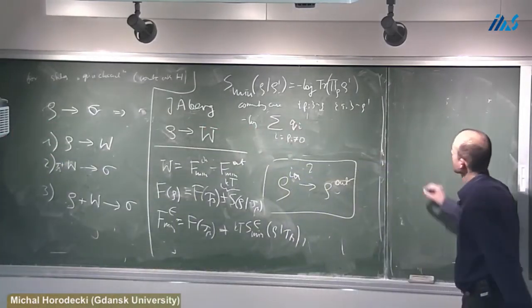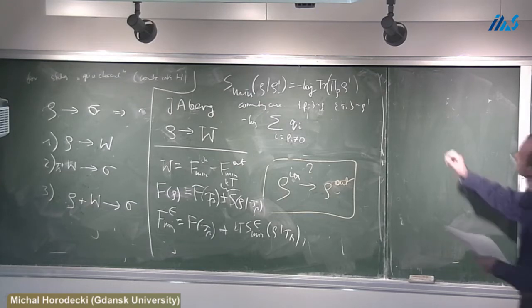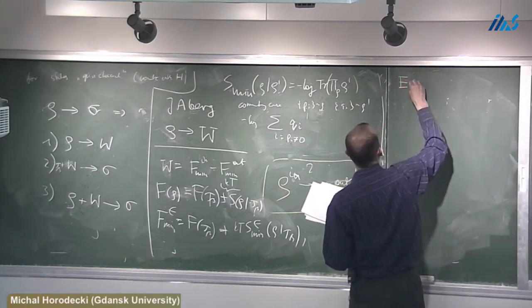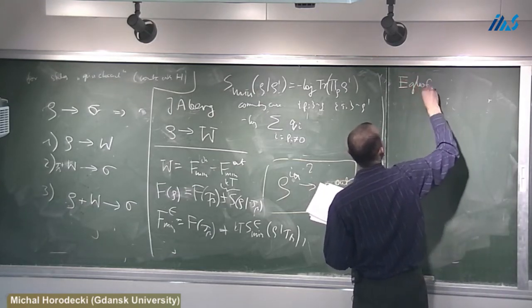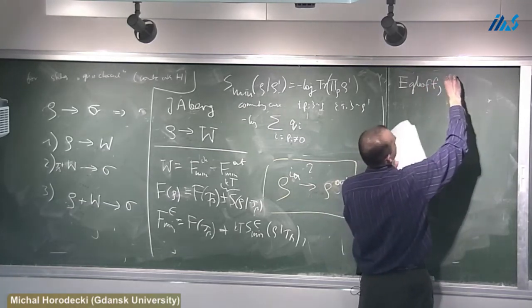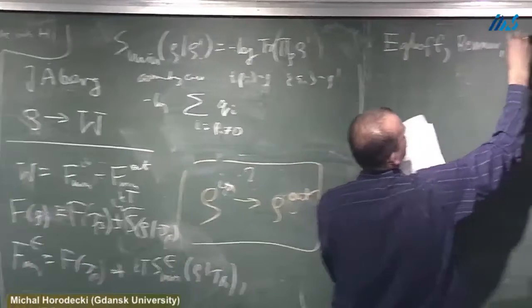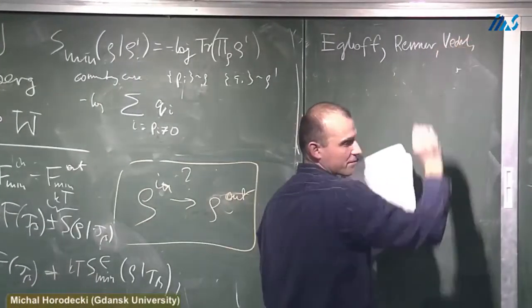So there is, did I put this paper here? I should have. So there is the paper by... Okay, I recall one other author is Renato, Vlatko Vedral, and there is a fourth one.